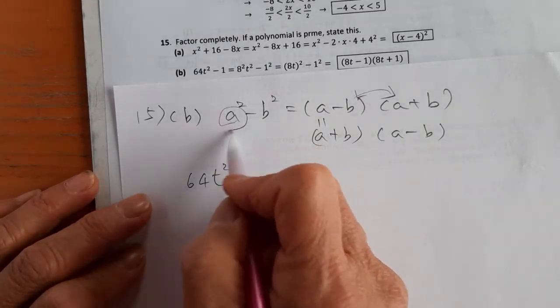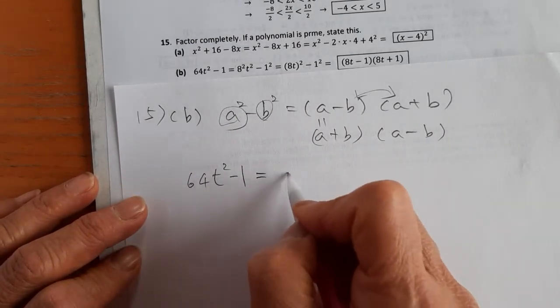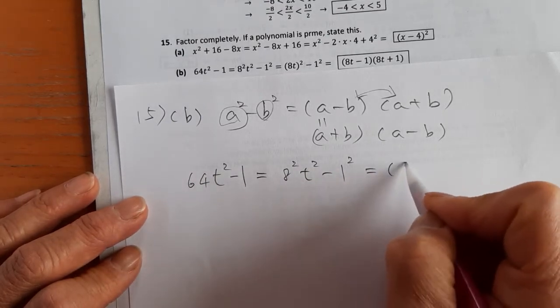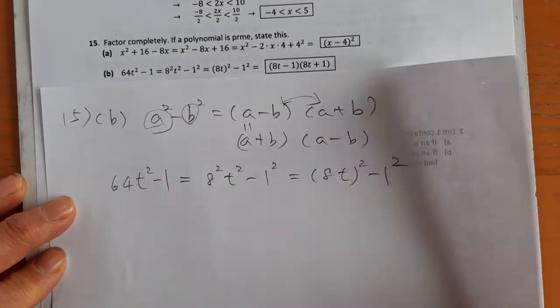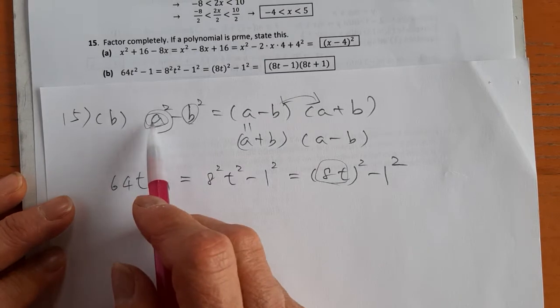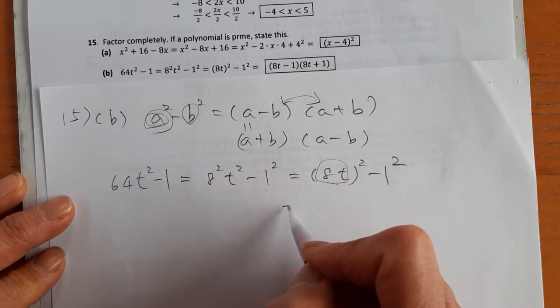First of all, you have to figure out what is a, what is b. Plug in. So 16 is a squared. t squared minus 1 is 1 squared. So that is at quantity squared minus 1 squared. So fit that formula. a is at, b is 1. And then you plug it into the formula.